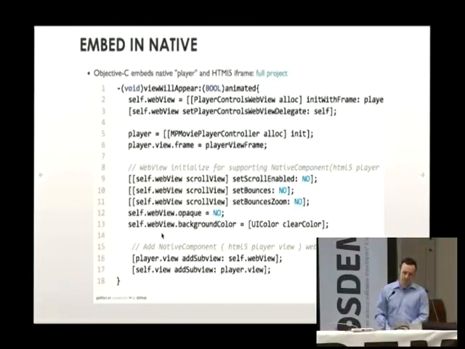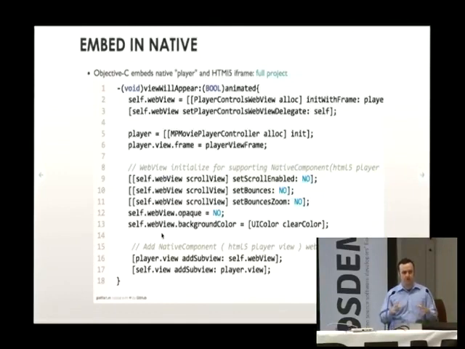And we take that same logic and embed it into a native environment. But in the native environment, instead of the iframe having a video tag in the bottom, it's going to have a native video component.